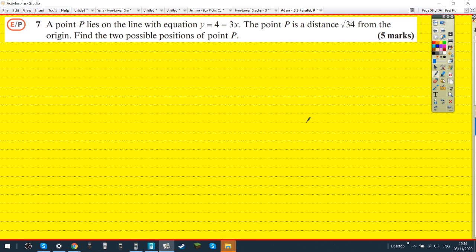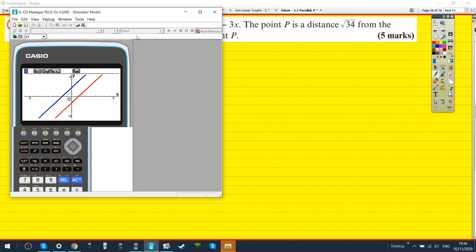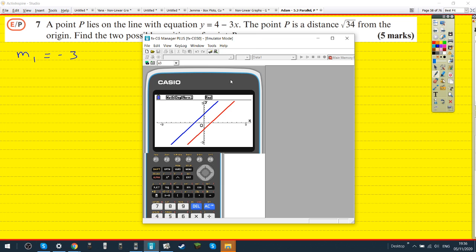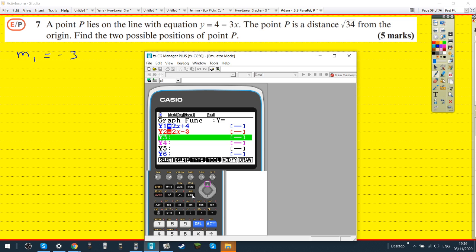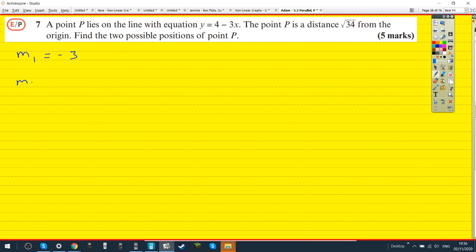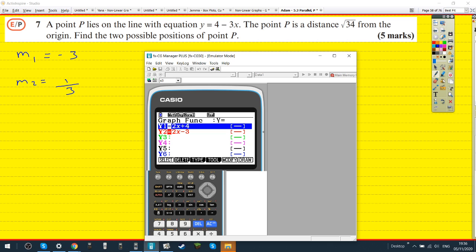So we know the gradient is minus 3, so m2 is 1 over 3.